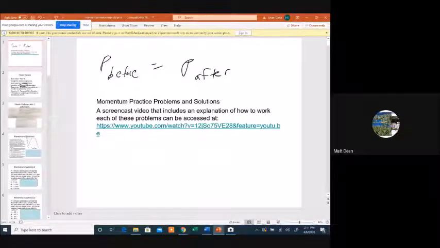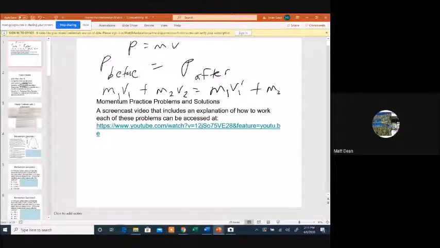And momentum, remember, is mass times velocity. So you might have the momentum of object 1, mass times its original speed, plus the mass of object 2 times its original speed. And that's equal to the momentum after, which would be the mass of object 1 with some new velocity, we'll say that's v1 prime, plus object 2 with some new velocity, v2 prime.